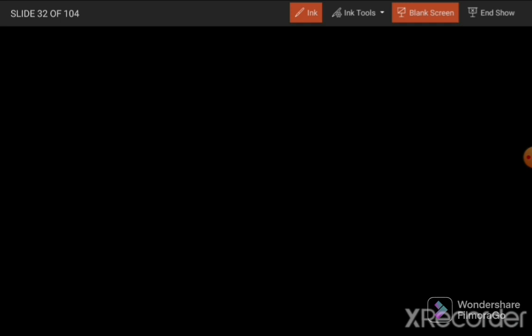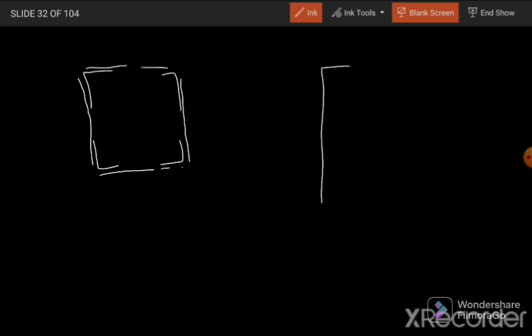For example, we have a box section made up of angles. We need to use these lacing elements as well as tie plates to connect the section at different locations. If we see it in the elevation, it will look like this.